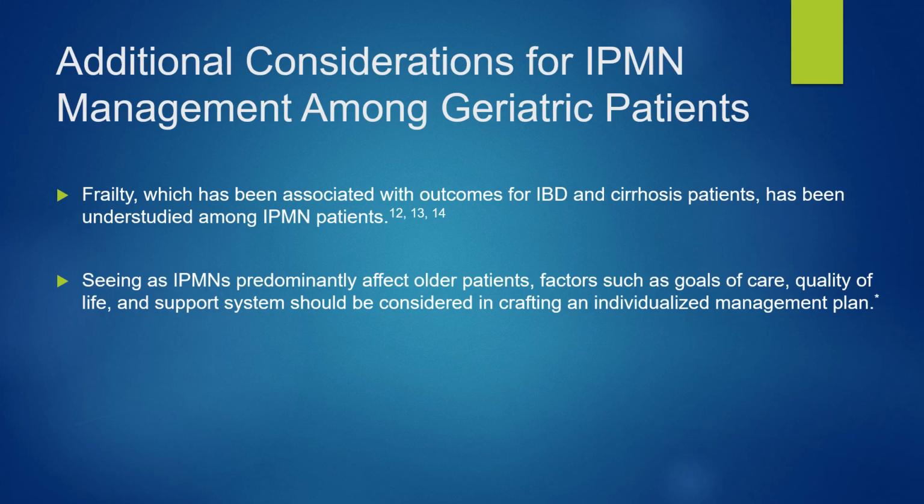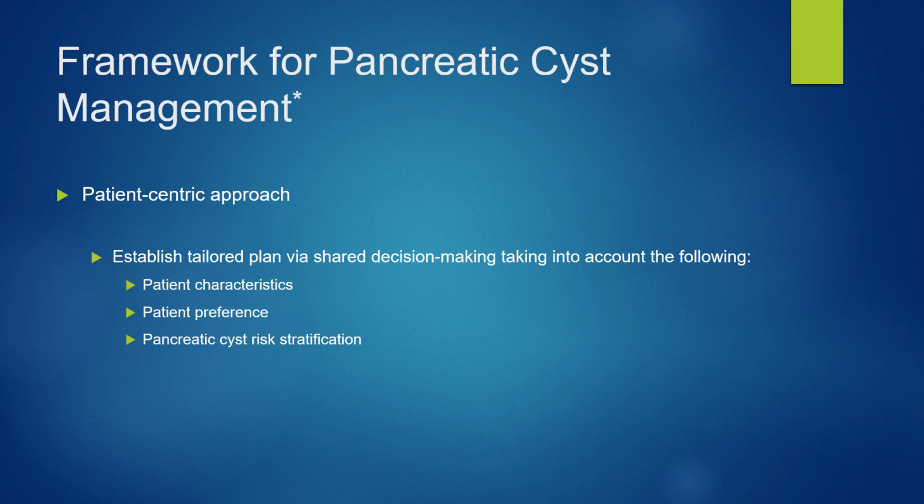And overall, I think the goal, like for any condition in medicine, is to really establish an individualized management plan. And so the framework that my mentor and I proposed in our recent article is a patient-centric approach that takes into account 3 major buckets when crafting a management plan for a patient with an IPMN.